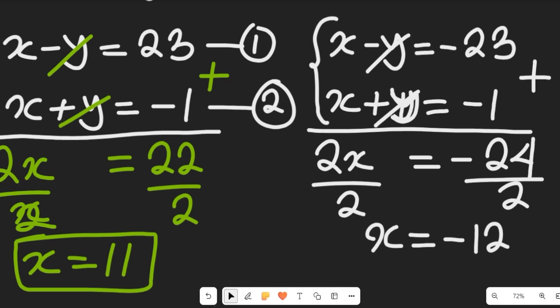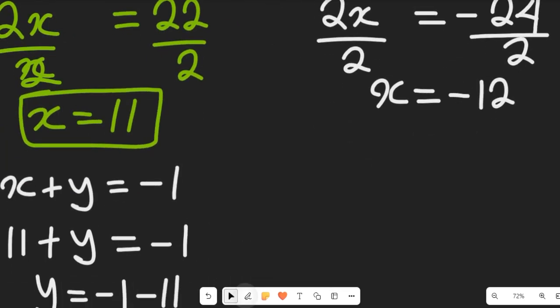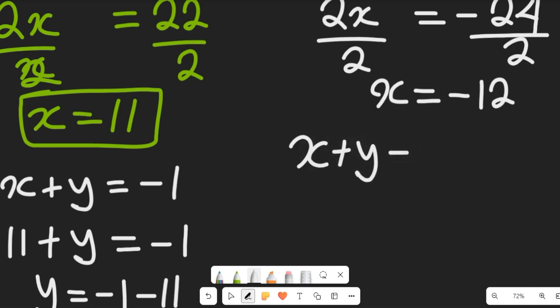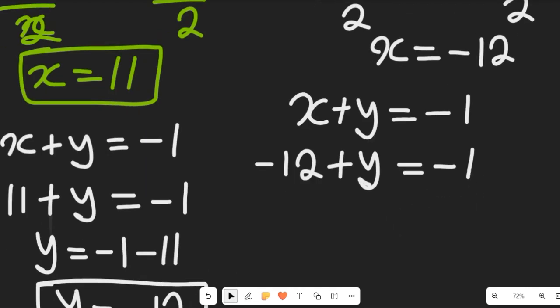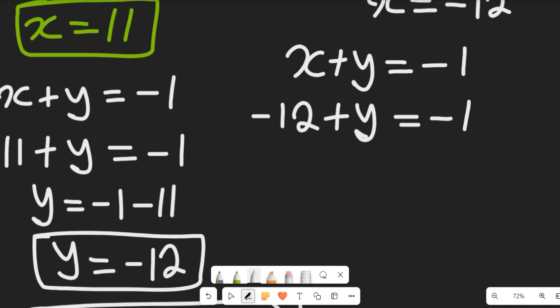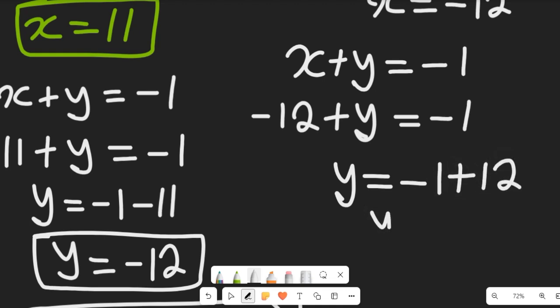So if x is equal to negative 12, given equation 2 that x plus y is equal to negative 1, then negative 12 plus y will be equal to negative 1. If we find the value of y by adding 12 to both sides, we'll have y equal to negative 1 plus 12, and then our y will be equal to 11.